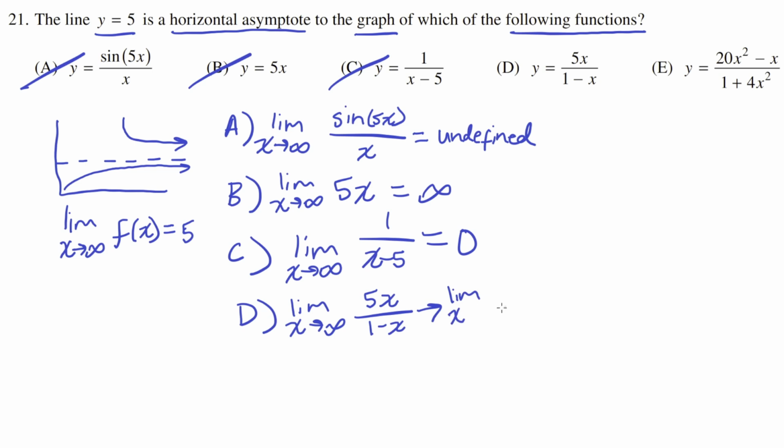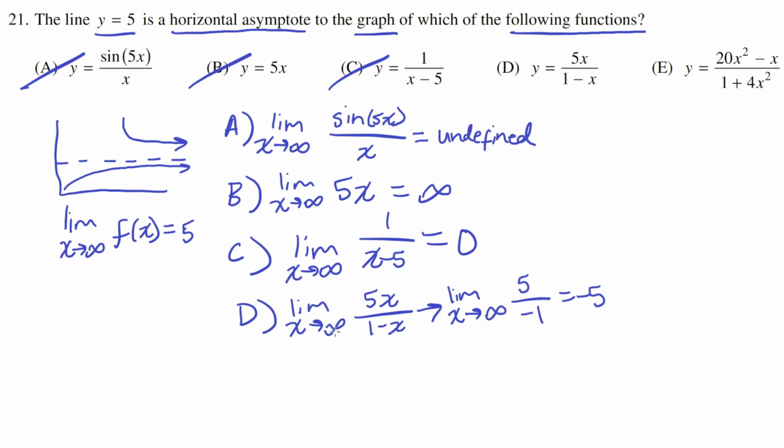So we'll have the limit as x approaches infinity of 5 over -1, and this just evaluates to -5.